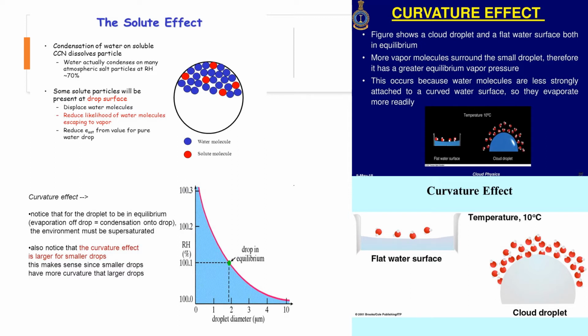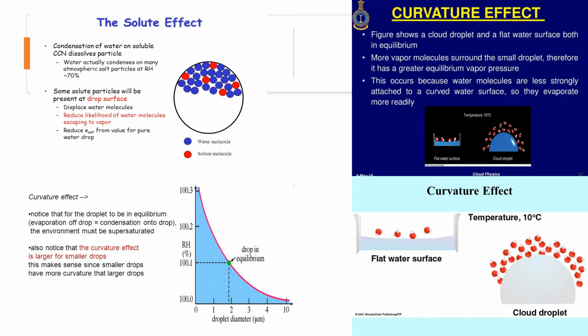Therefore, we can say that when air is saturated with respect to a flat surface, such as an ocean, a pond, or a lake, it is unsaturated with respect to a curved droplet of pure water.